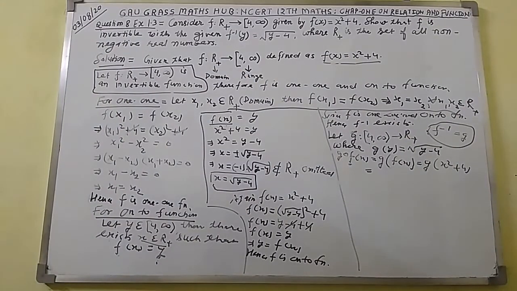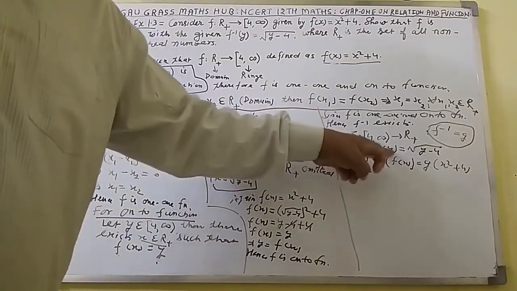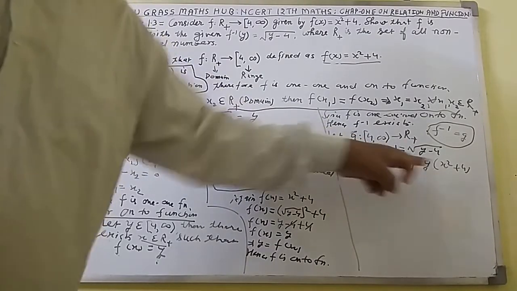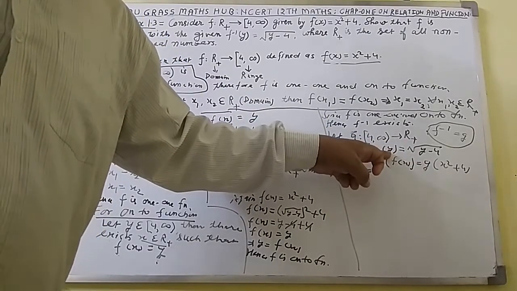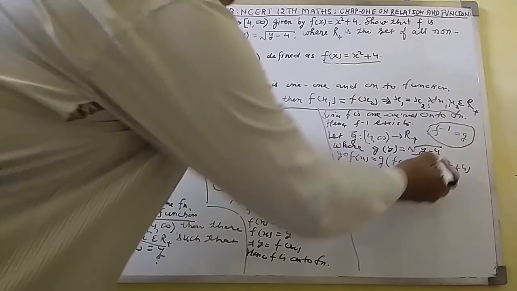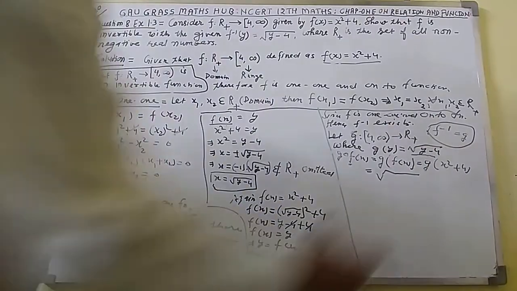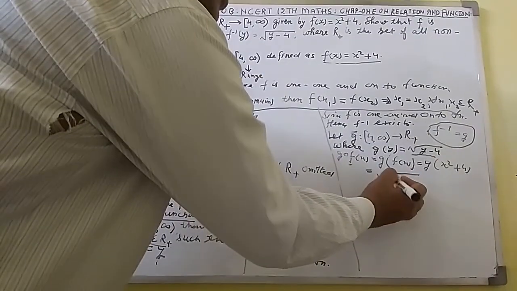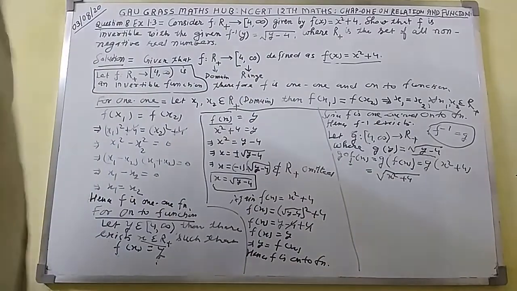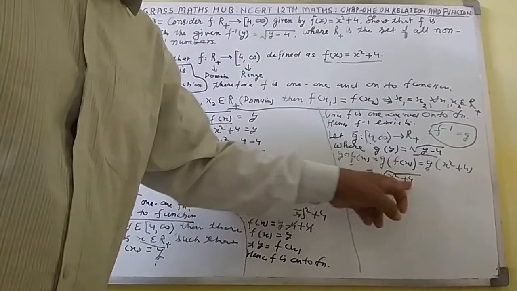Now see again what happens. g(y). Now you can see here I have written g(y) equal to this one here. Here g is there. In place of y you should write this one. So here you will write under root, in place of y, x square plus 4.